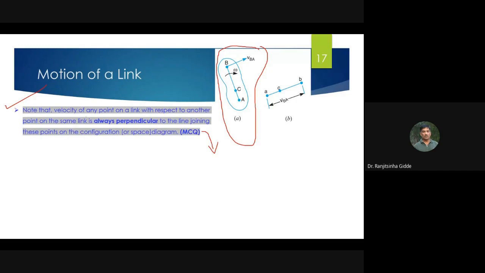Velocity of any point on a link with respect to another point on the same link is always perpendicular to the line joining these points on the configuration or space diagram.